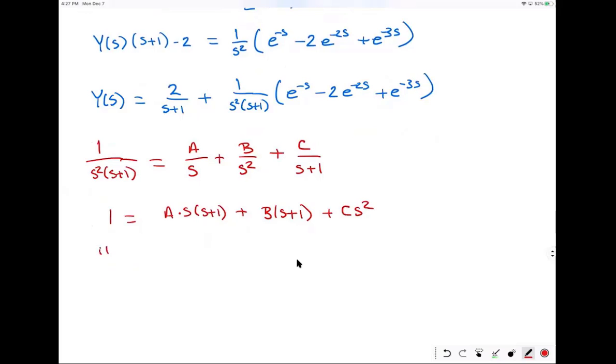And let's see, if S equals 0, that's the obvious one, then I would have B equals 1. And if S equals minus 1, that's another pretty obvious one, then C would be equal to 1.